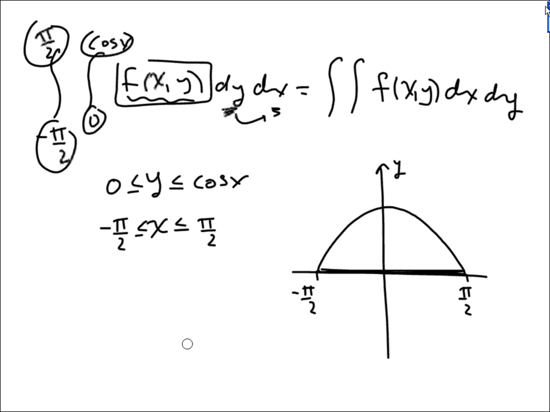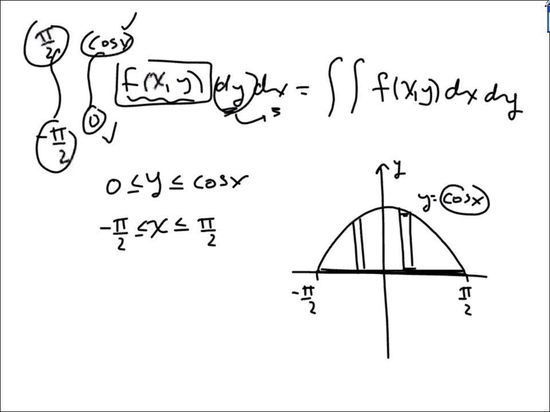Now, to make sure that I didn't make any mistakes, first I see dy. Well, remember, this is y equals cosine x. No matter which rectangle I draw vertically in the y direction, it goes from 0 to y, which is cosine x. 0 to cosine x.